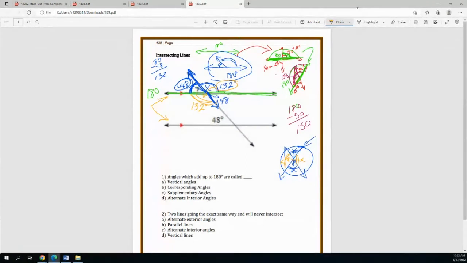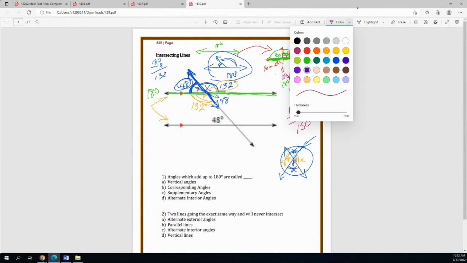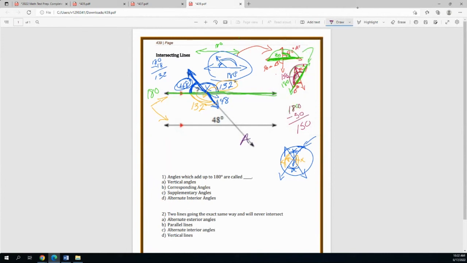And what they're going to say also is you have this line here. I'm going to call this line A. Let me give it a color. I'm going to call this line A, with that line there. And they're going to call that one the intersecting line. So you're going to have the vocabulary word parallel, and now you know the two parallel lines: this one and this one.